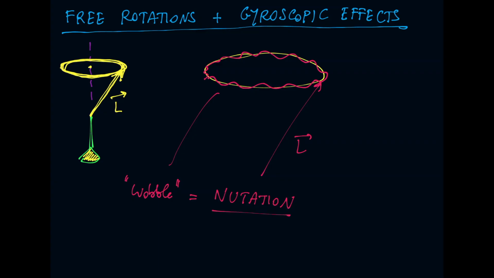And without going into too much crazy detail, nutation is due to the fact that, for starters, we haven't included the angular momentum of this precession of the gyroscope into consideration for how the torque changes the total angular momentum.